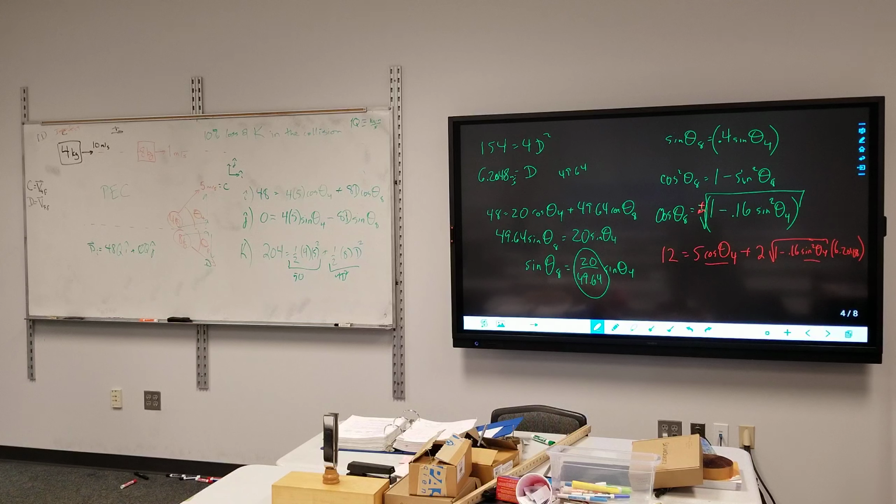And I'm just going to tell you that I didn't care for these math problems. So if you see one like this where you have a radical and a sine and cosine at the same angle, that just means I was in a bad mood when I wrote the test, or I made a careless error, which is probably more likely.